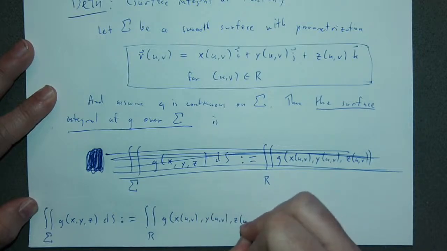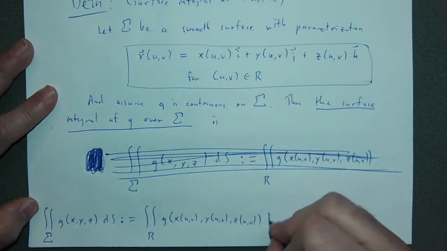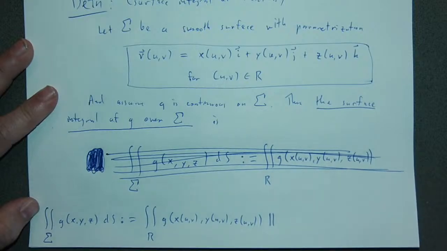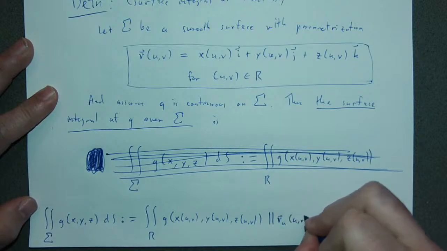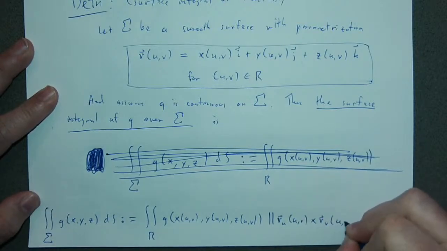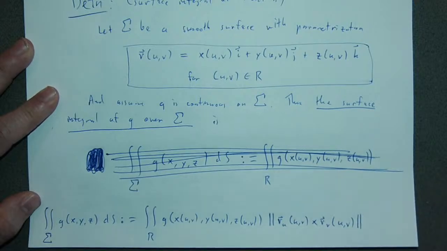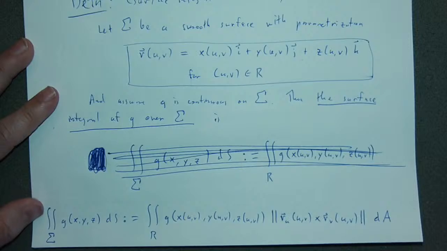So I'm plugging in the parameterization. And then multiplying by the length of the vector r sub u of (u,v) cross r sub v of (u,v) dA. There, that's better.